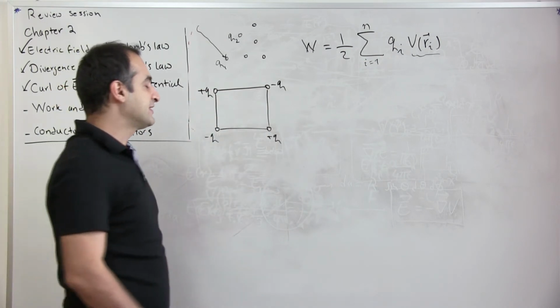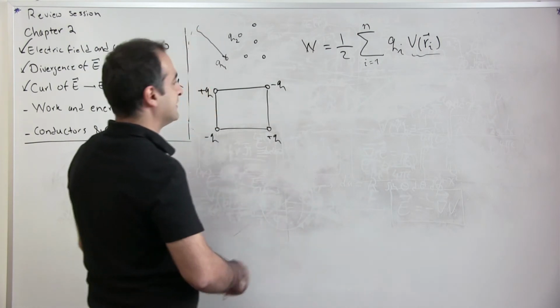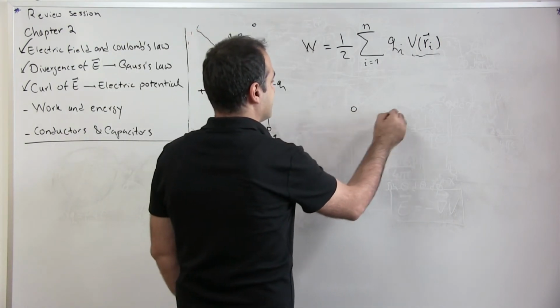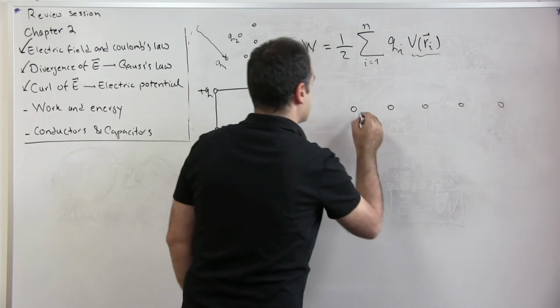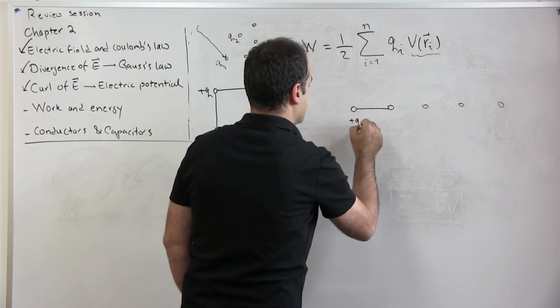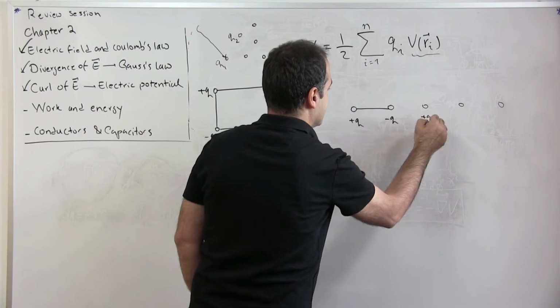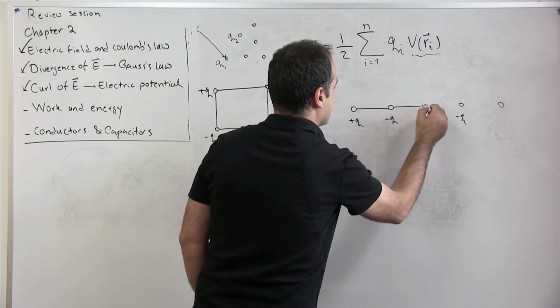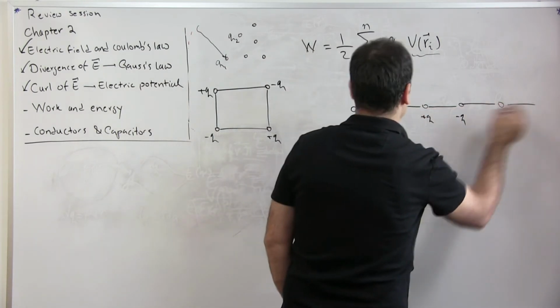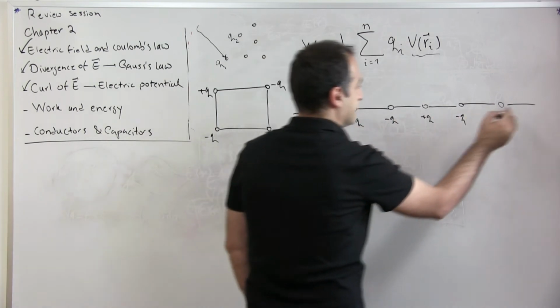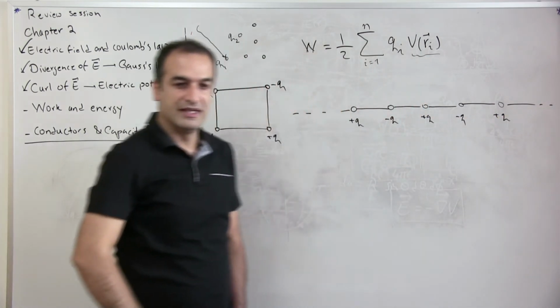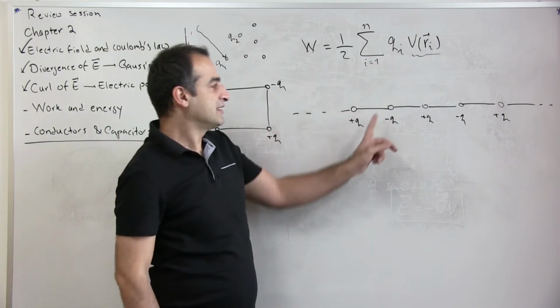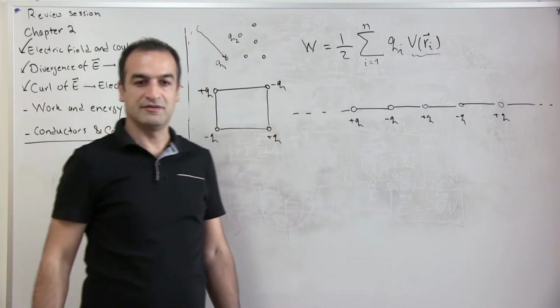Another classic example of this is, let's imagine you have an infinitely long charge distribution. You have plus Q, negative Q, plus Q, negative Q, and that goes all the way to infinity. Again, with this summation, you can calculate the energy of the charge distribution.